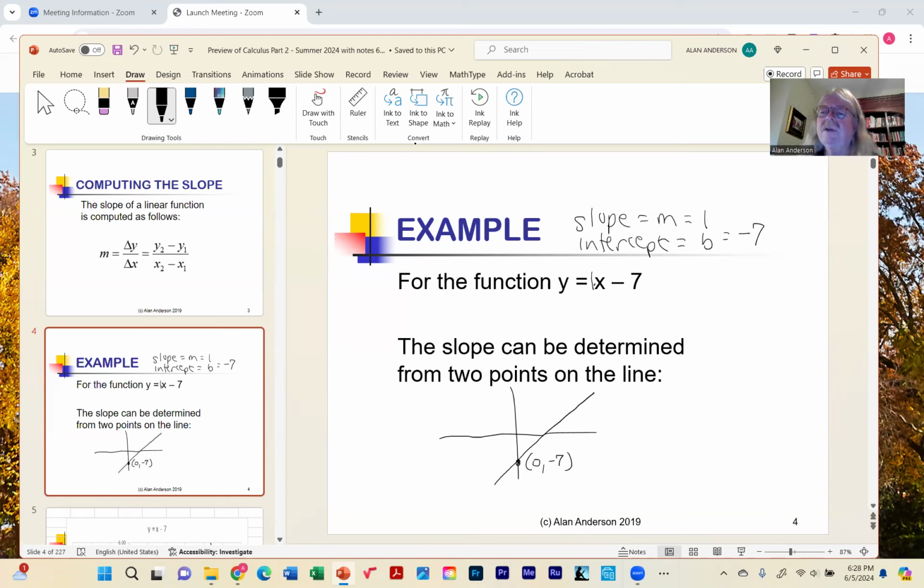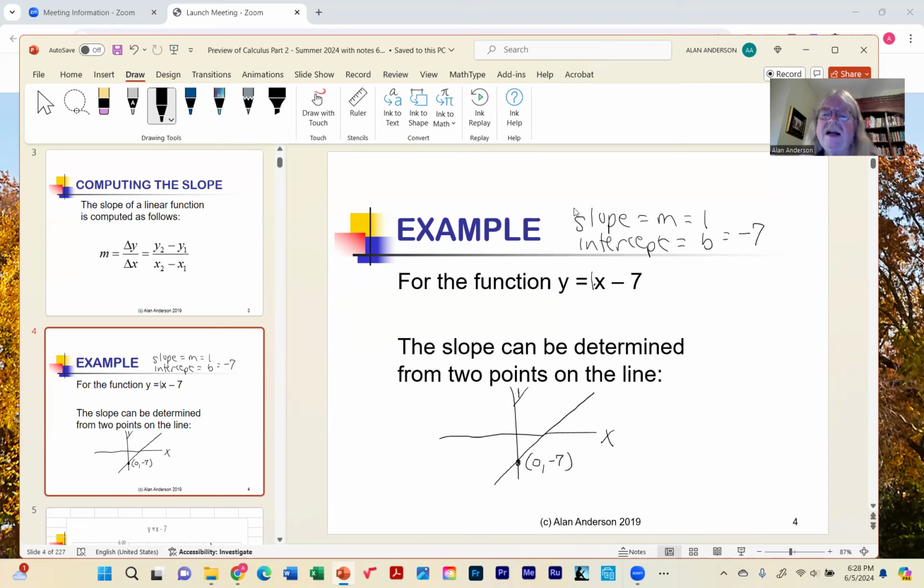The slope is meant to be 1. It's hard for me to draw it properly, but what that means is that every time x increases by 1, y also increases by 1. Okay, so for a sketch, it's not too bad, but you can see that the slope is 1, meaning that x and y increase by 1 unit each, and the vertical intercept is that point (0, -7).